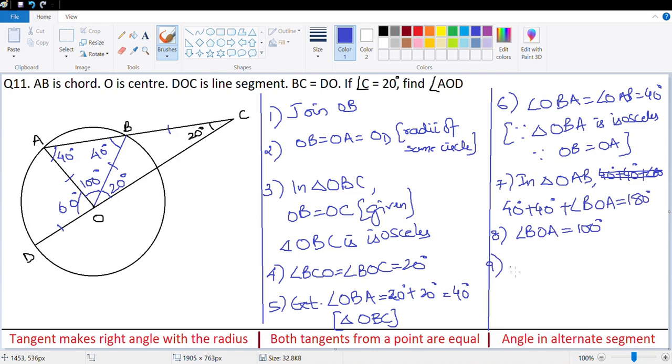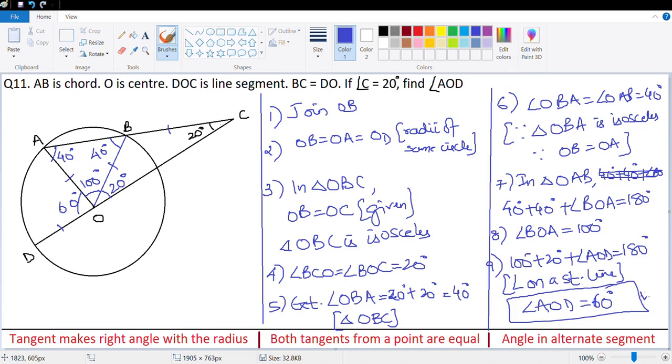Number 9, 100 degree plus 20 degree plus angle AOD is equal to 180 degree. This is angle on a straight line, which means angle AOD is equal to 180 minus 120, that's 60 degree. Done. That brings me to an end of this video.